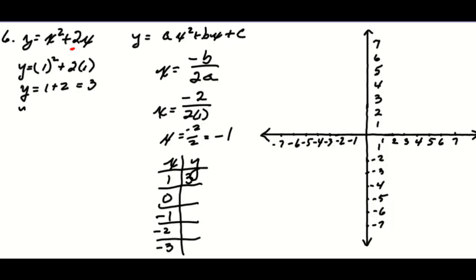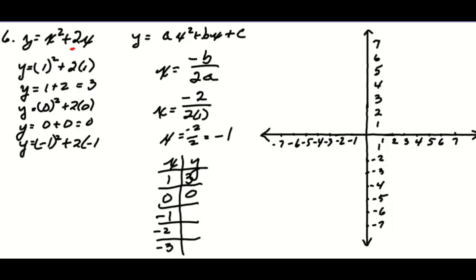Then y equals 0 squared plus 2 times 0, that is y equals 0 plus 0, which is 0. And our third one, y equals negative 1 squared plus 2 times negative 1. Now we get y equals 1 minus 2, or minus 1.